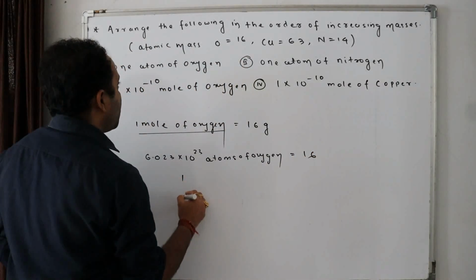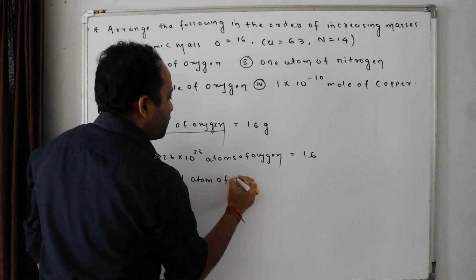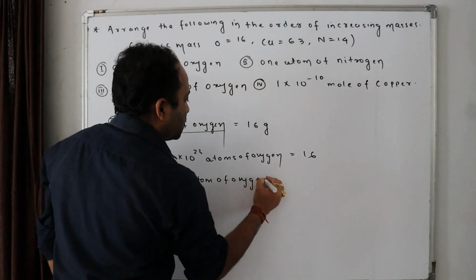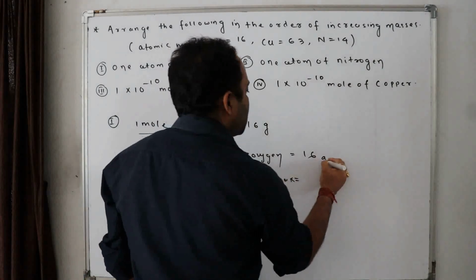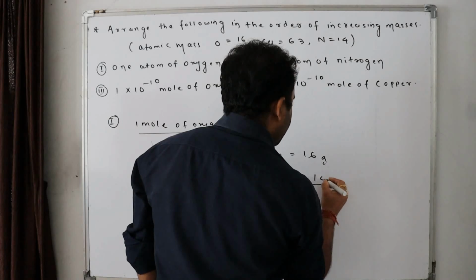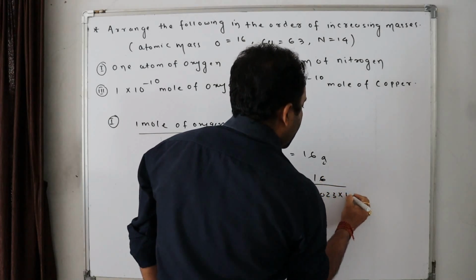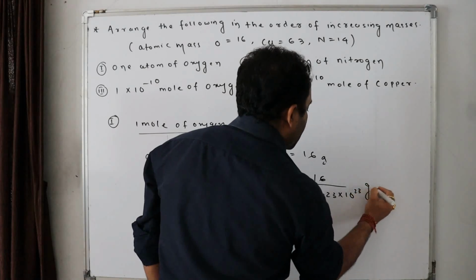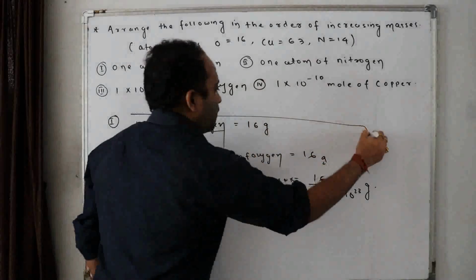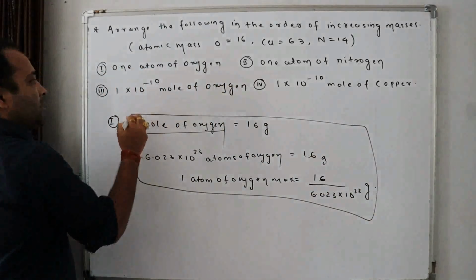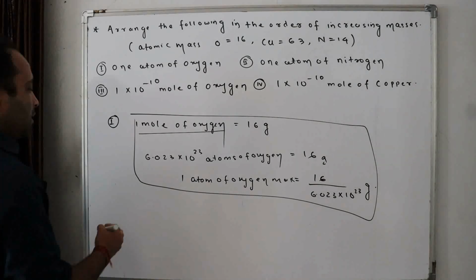So the mass of 1 atom of oxygen is 16 by 6.023 into 10 to the 23. So what is the mass of 1 atom of oxygen? It is 16 by 6.023 into 10 to the 23 grams.